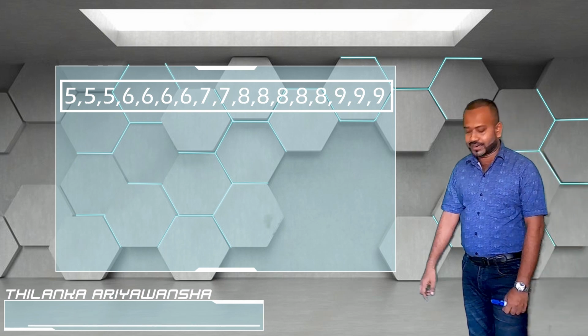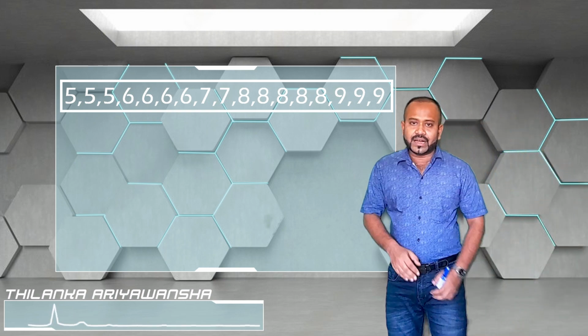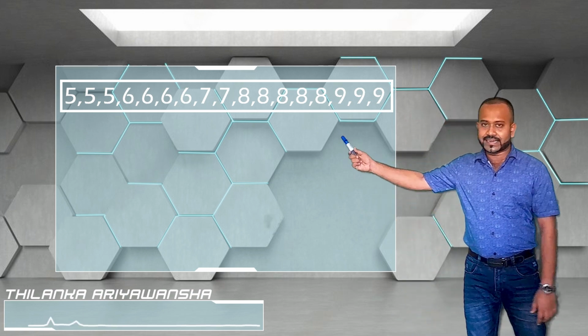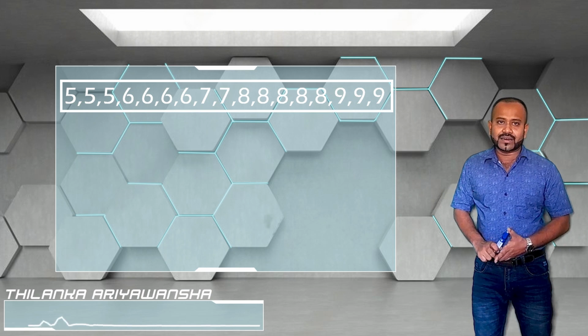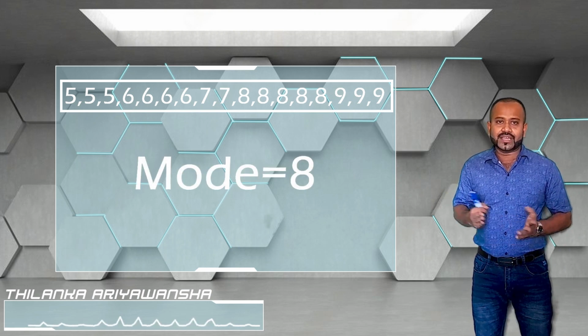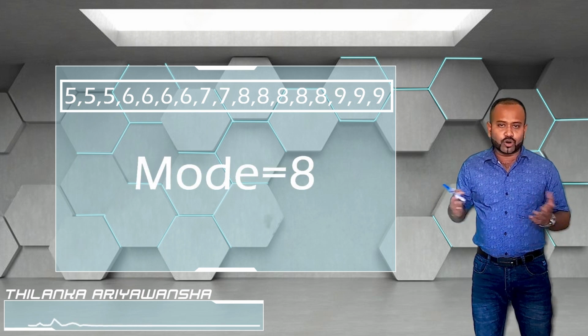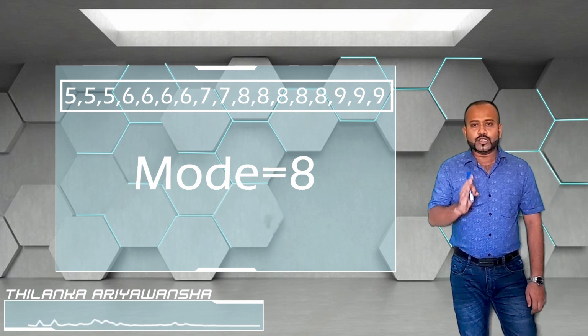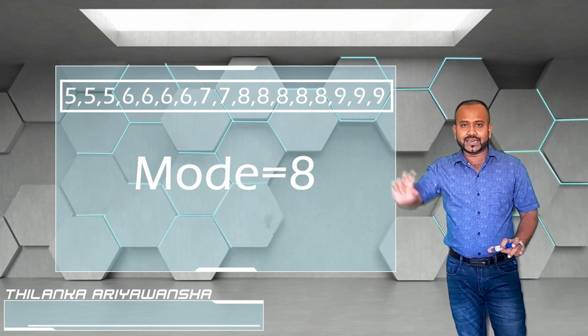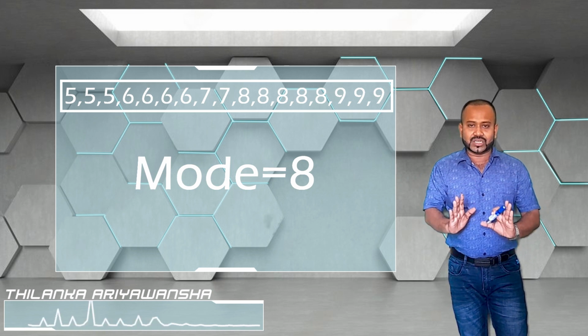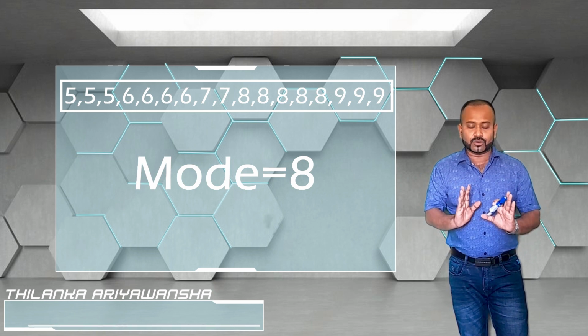Looking at this data, the most occurring number is 8. Therefore, we take the mode as 8.